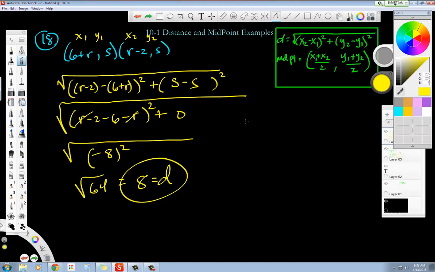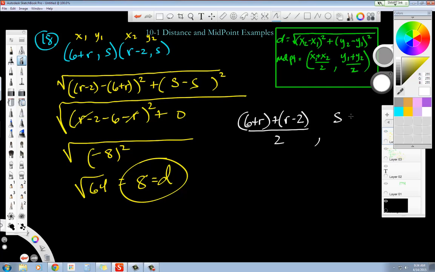How about that? And then the midpoint, for those formulas, white. Never use white. X1 plus X2 over 2. So we have X1 plus, it's good to be safe here, putting these in parentheses, r minus 2, and those aren't squared or anything, that's just X1 plus X2, all over 2, comma, Y1 plus Y2.